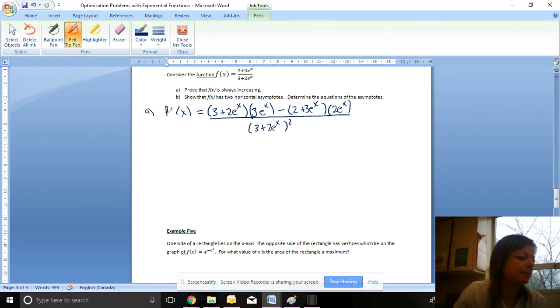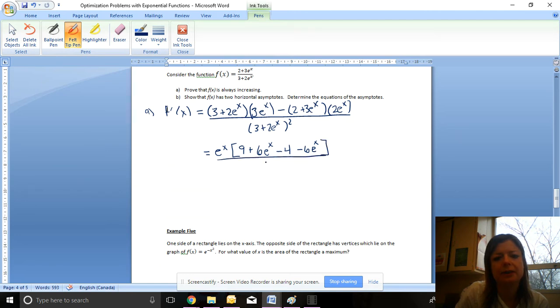Okay, so now we want to simplify this. Notice that we can factor out an e to the x from these multiples. So we're going to take out an e to the x, and then we're left with 9, 3 times 3 is 9, plus 6 e to the x, minus 4, 2 times 2, minus 6 e to the x, all over the bottom squared.